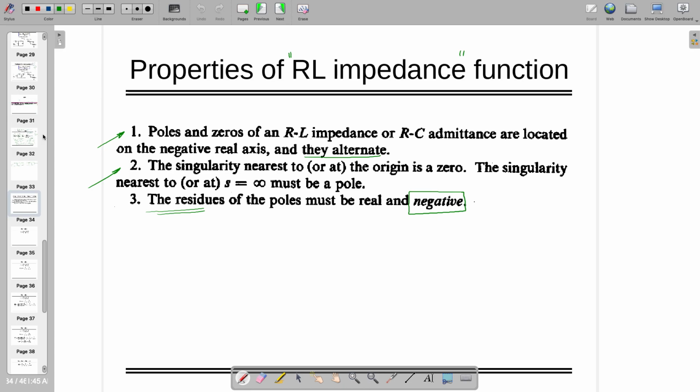But still, remember, if your residues are negative, you cannot synthesize the circuit, because if it is minus 1 by 3s, and if this is your impedance function, you cannot say that it's a negative. How to implement a negative capacitor? It's not possible.